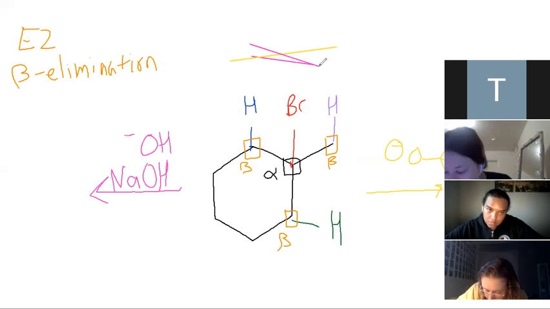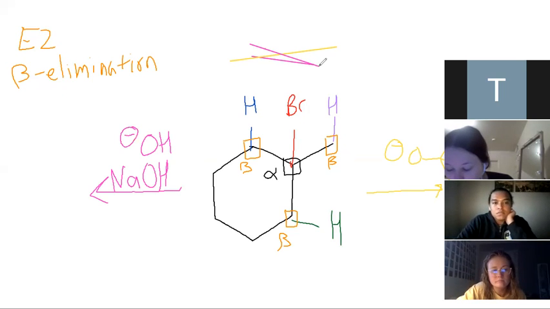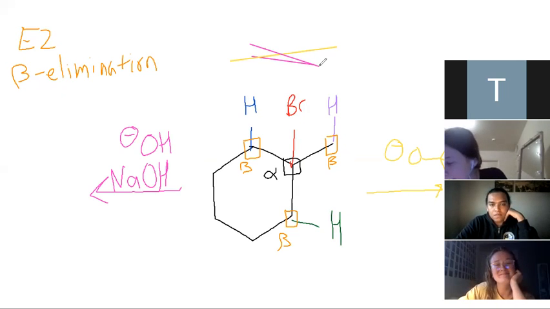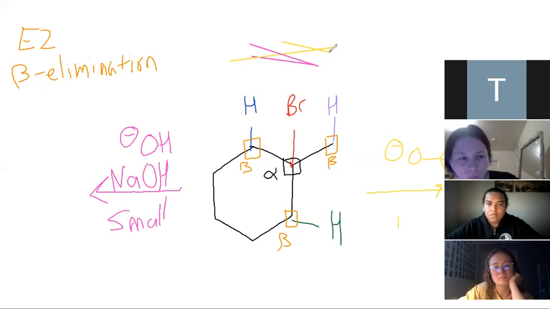So what's the difference between these 2 bases? What's the main difference? One's a lot bigger than the other one. Yeah. We're going to introduce an idea of a small base and a bulky base.